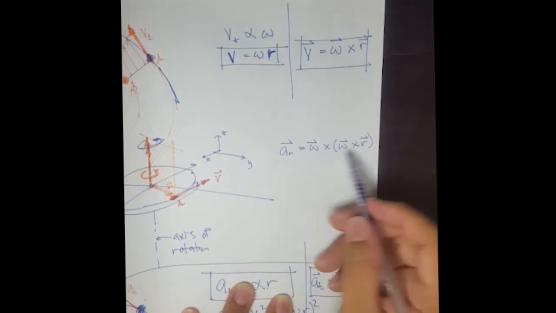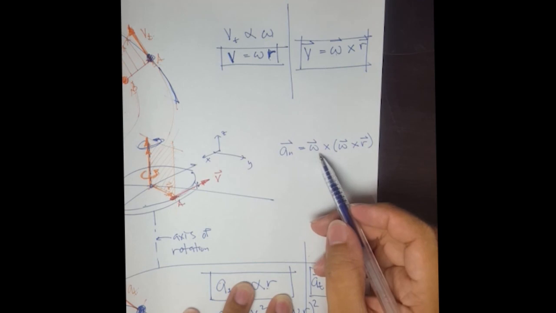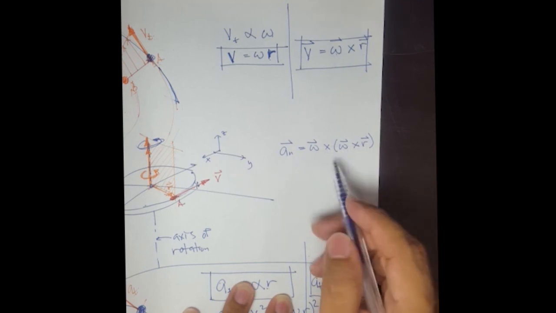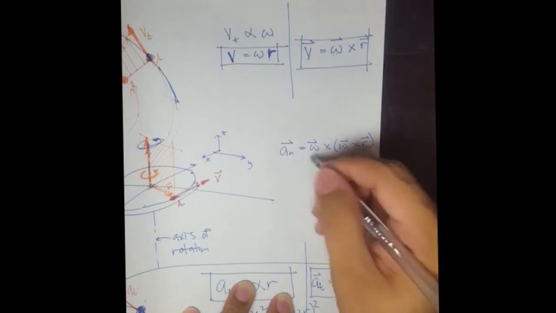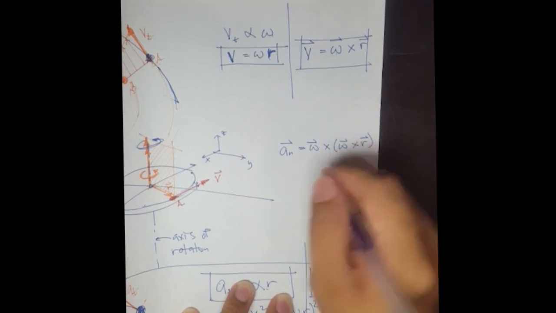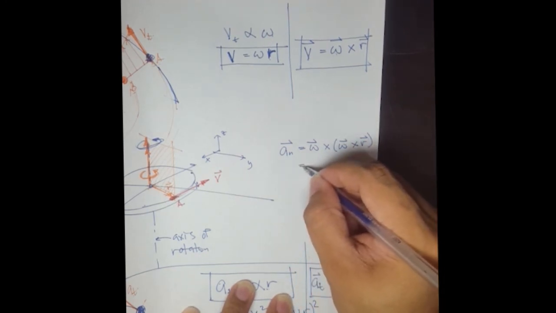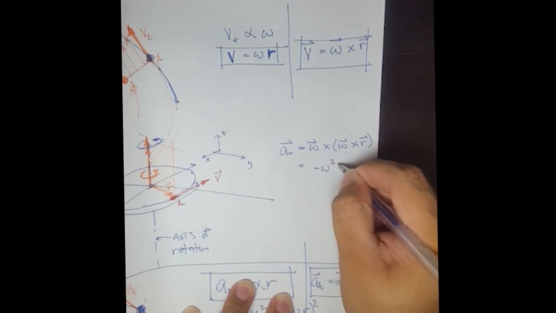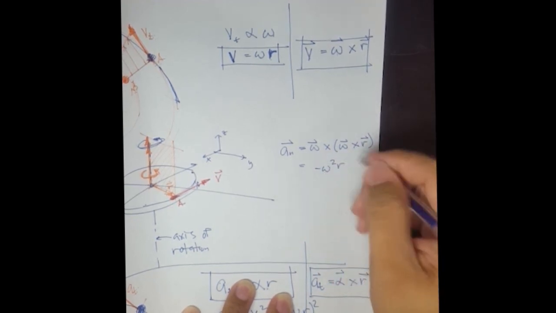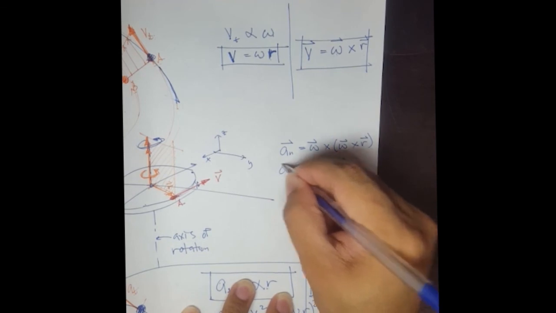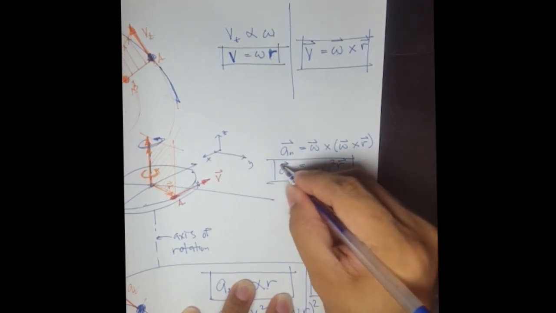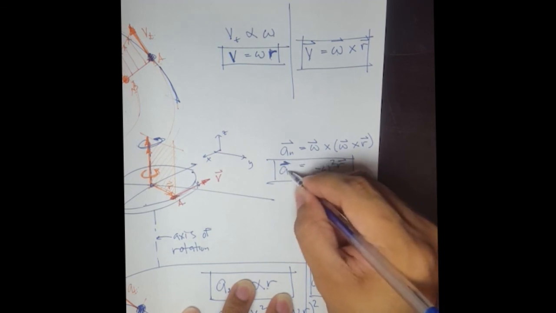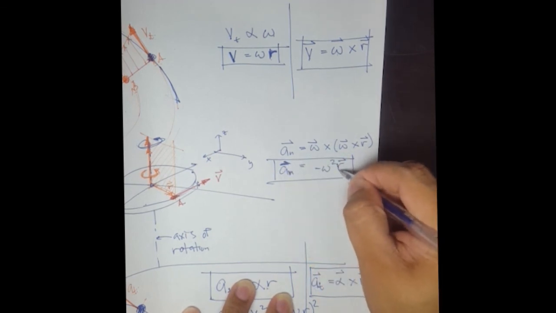Please, the positions of these cross products are important, so try not to mix them. This one can be simplified into negative omega squared r. So this is the acceleration vector, the normal component.